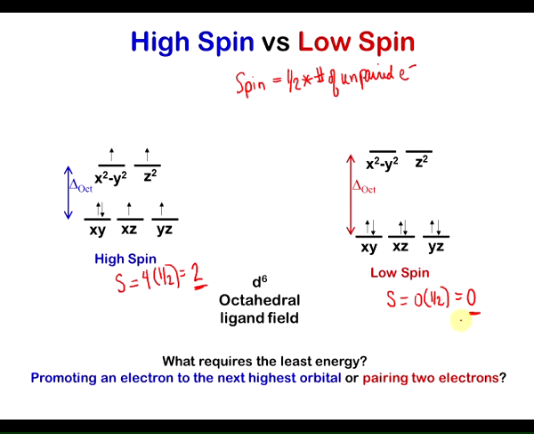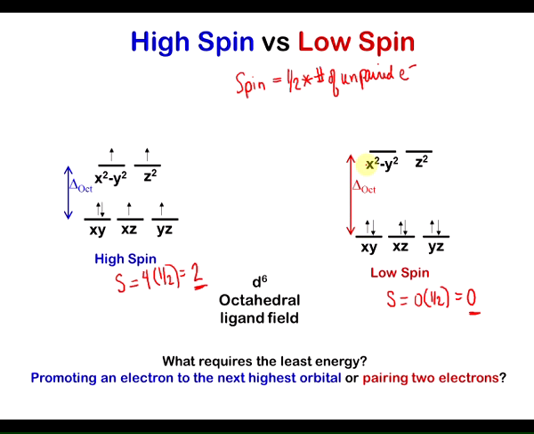Now, what requires the least amount of energy? That's what we're looking at when we're trying to figure out whether something will go high spin or low spin. Notice in the high spin case, the separation for the delta octahedral here is smaller than that of the delta octahedral here for the low spin case.